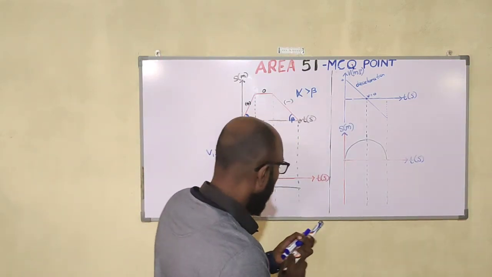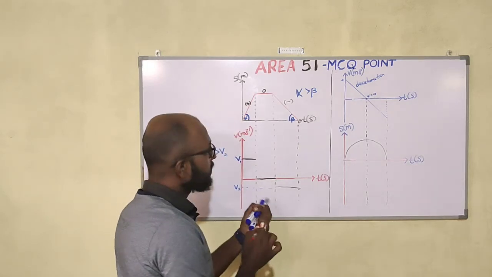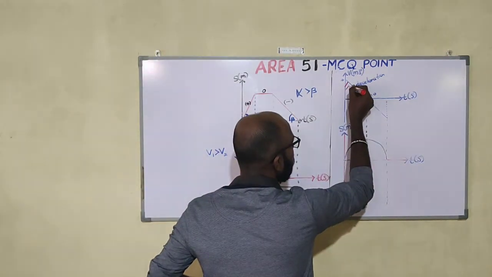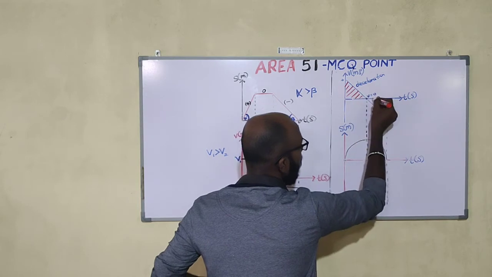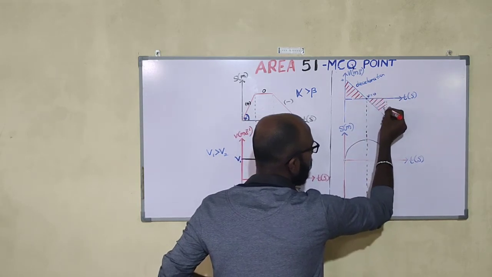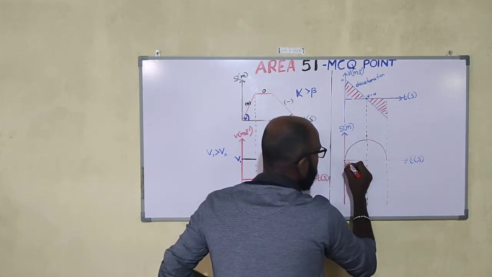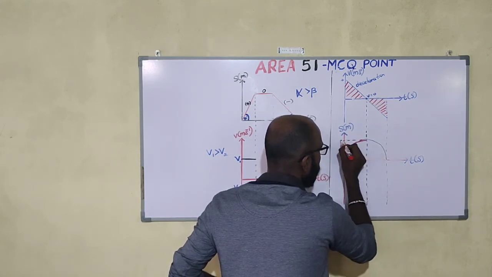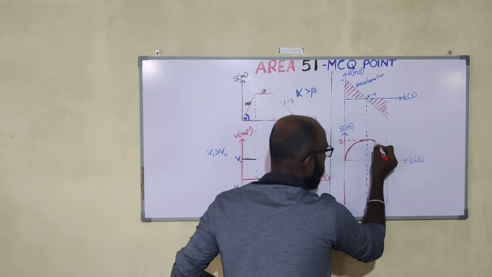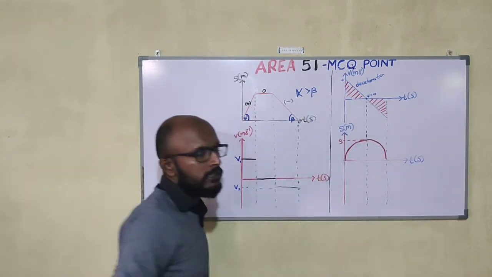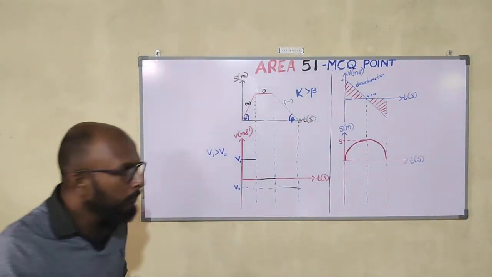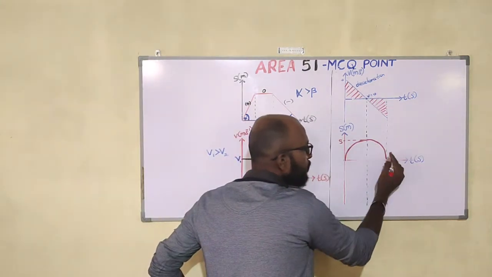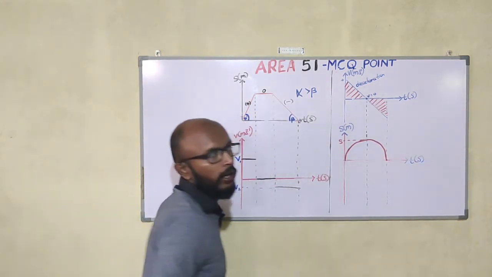If their areas are equal, it should go some displacement here, and from here to here it should do the same displacement. That means the total displacement is 0 there.